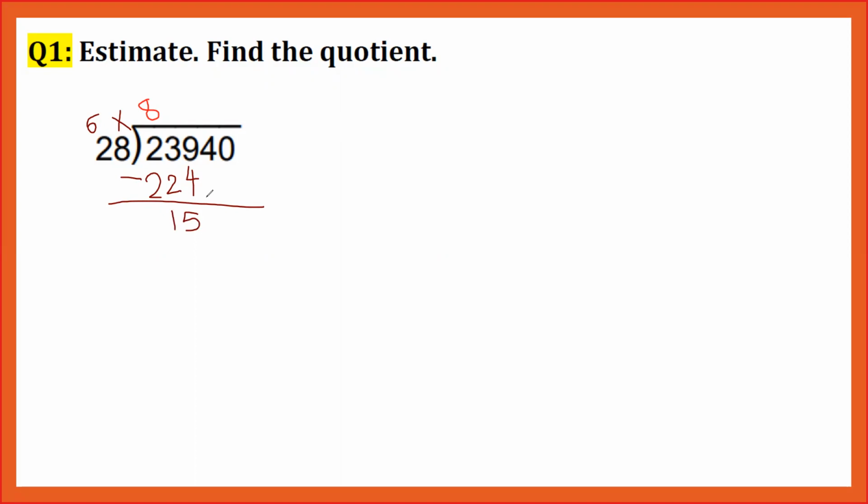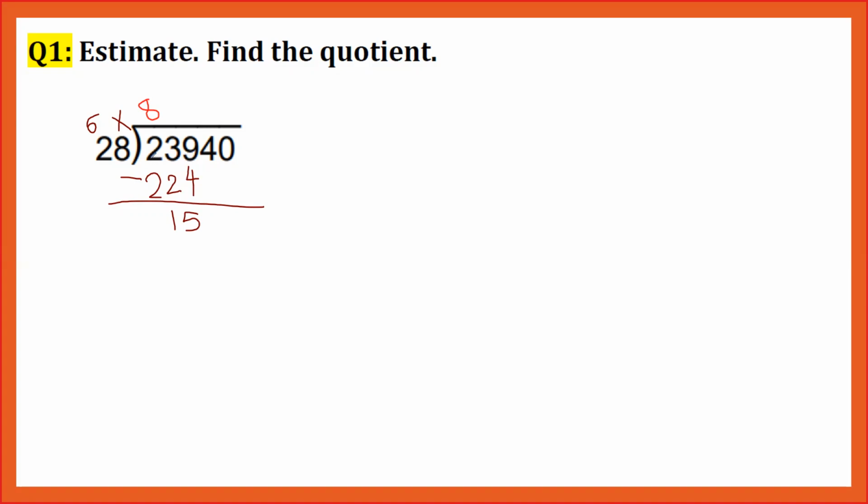Yes? Which page? Because this is a revision sheet. Yes, I have a question. Why did we add the 4 at the hundreds place, not at the tens? This 4, you mean? Yes.